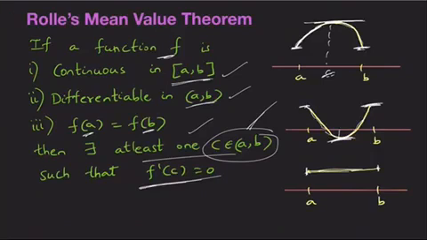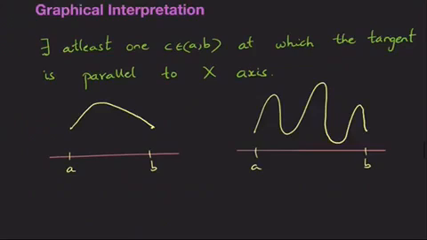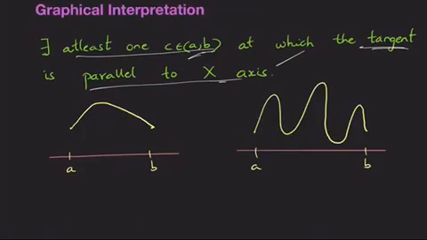Now let's look at a geometrical interpretation of this theorem. It says that there exists at least one point c in the open interval (a, b) at which the tangent is parallel to the x-axis. Remember that the first three conditions must be satisfied, then this claim is true.